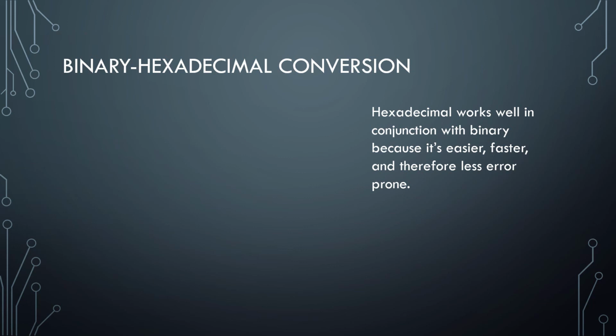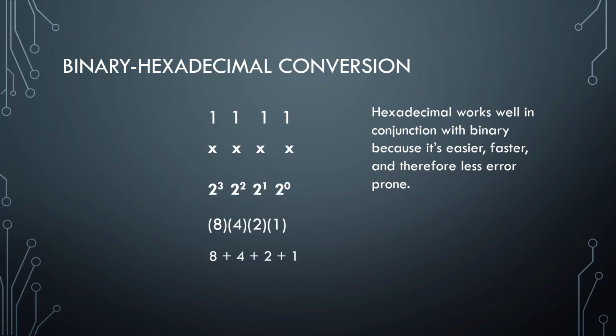Well, hexadecimal works really well in conjunction with binary because, I'll show you here. So here in this nibble, we fill this binary number up with all ones, pull in our place values, their equivalents, we add these all together. So this binary number 1111 is equal to the number 15, right?